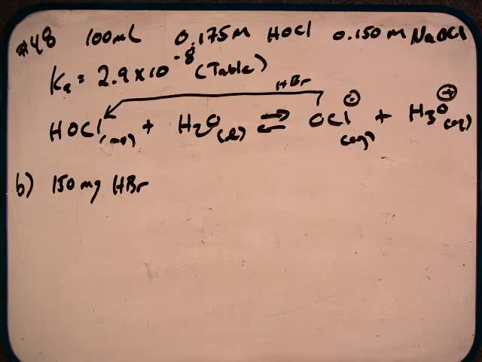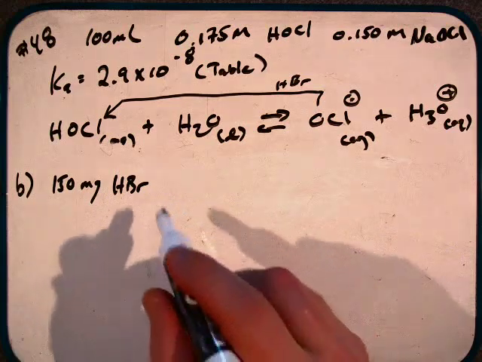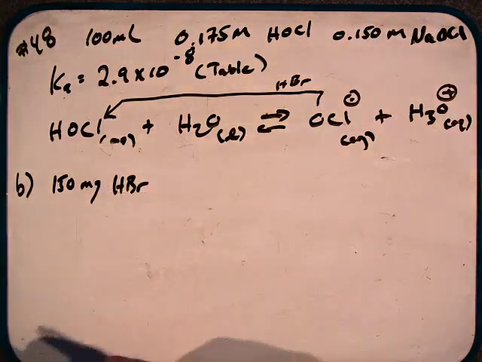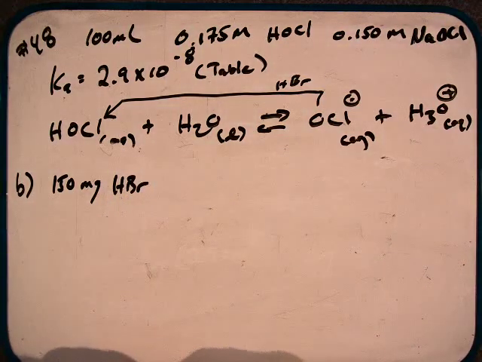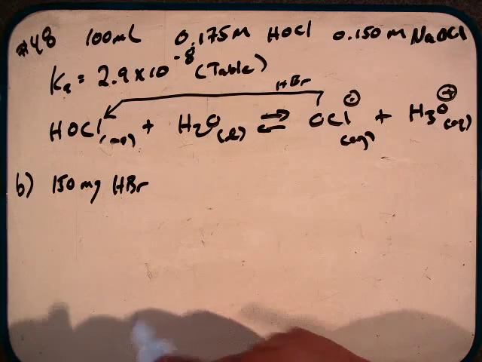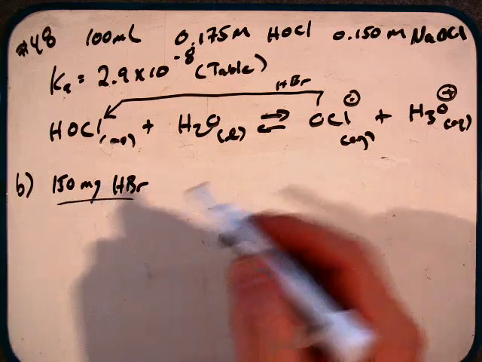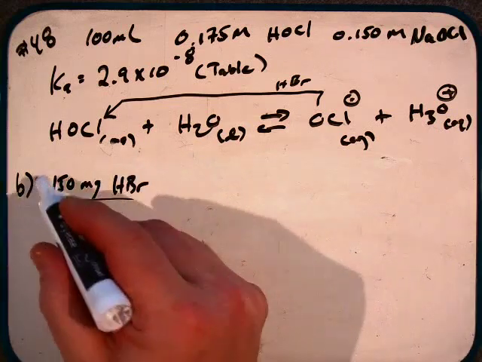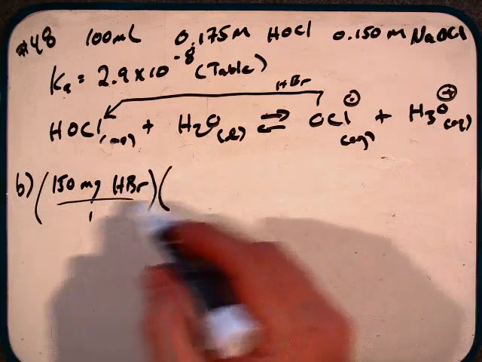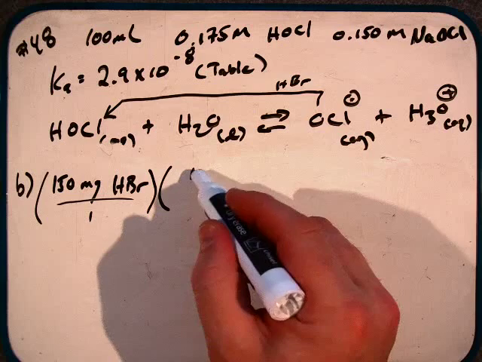So we have to figure out how many moles of HBr, right? Because the moles of HBr is also going to be equal to moles of that H+. So if we take our 150 milligrams of our HBr, we have to realize that that's milligrams. Let's get that into grams.